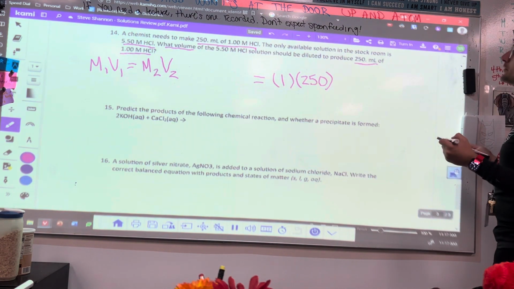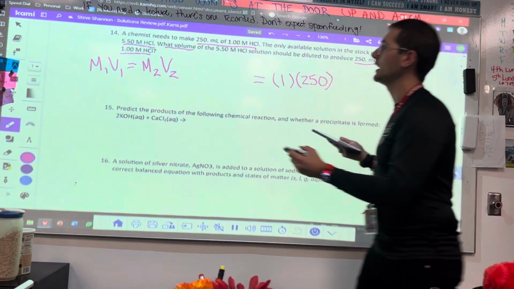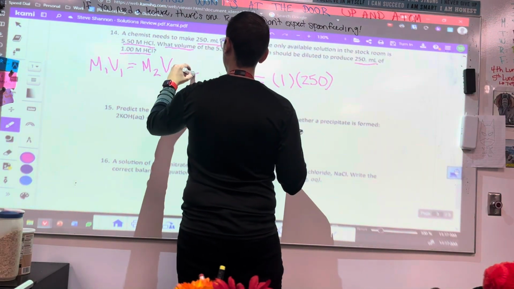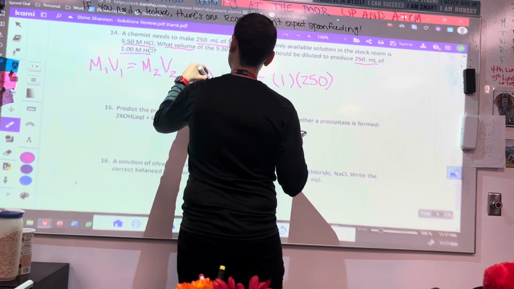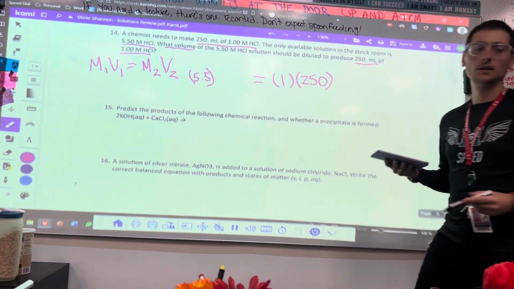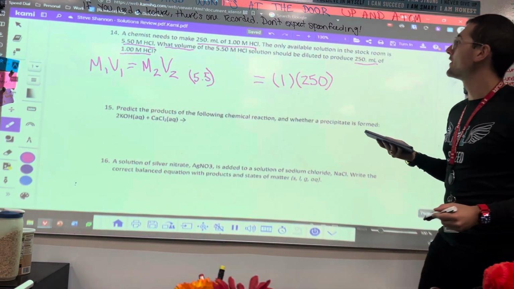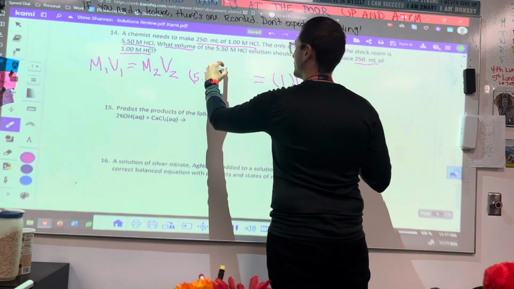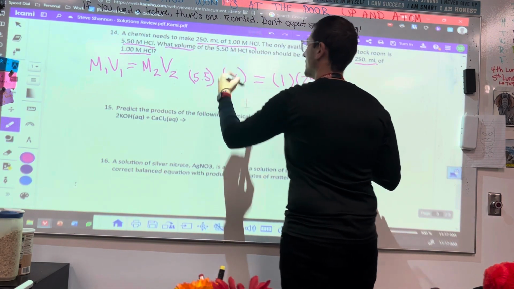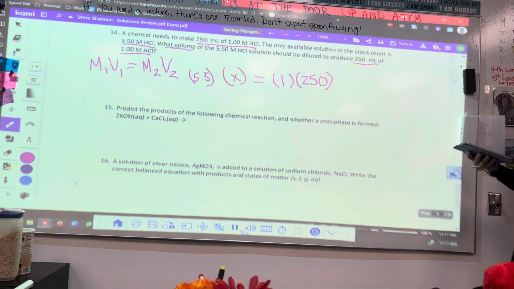The only available solution in the stockroom is 5.5 molar, which is insanely strong. What volume of the 5.5 do I need to dilute? So my volume, how much of my stock solution do I need to get out? And it's going to be in milliliters.